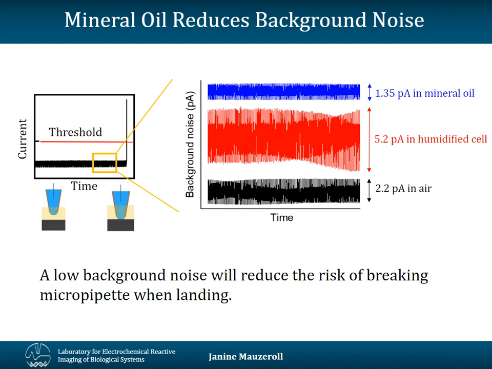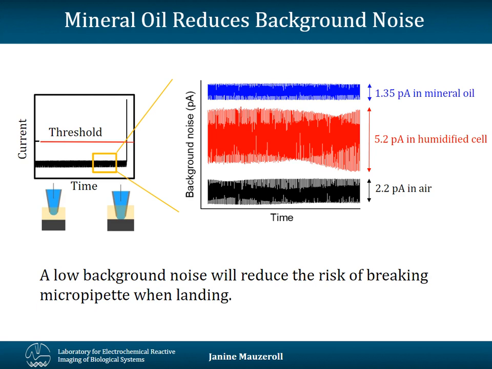And one thing that we realized is that if we cover the surface with a thin layer of oil, we get a much better performance in terms of background noise. So in the black trace, you see the noise was on average 2.2 picoamps in air.